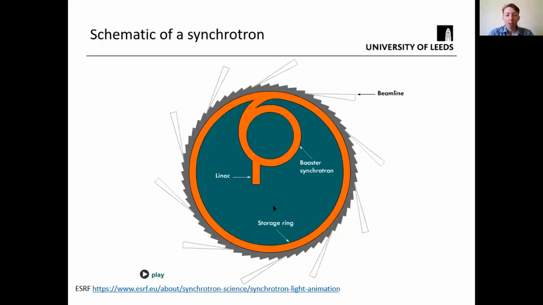The way it works is by accelerating electrons using magnets to relativistic speeds close to the speed of light. And by accelerating electrons through a magnetic field, light is given off, which is then used at the beamlines by users for spectroscopy and microscopy. And one of these uses, of course, is X-ray microtomography.